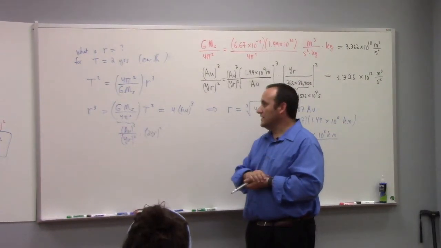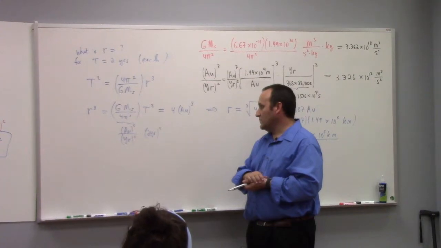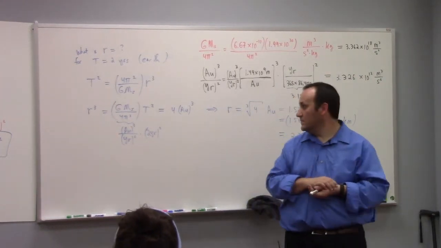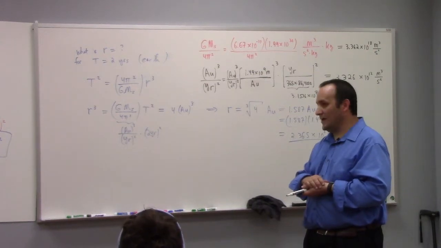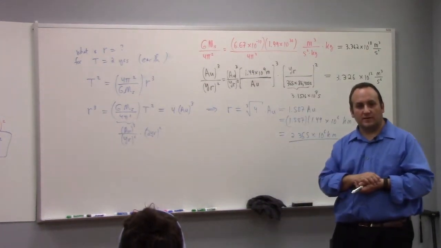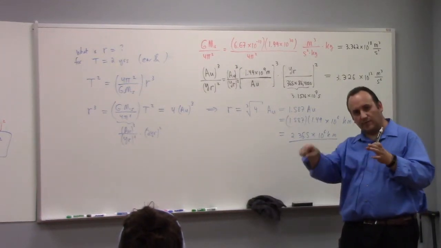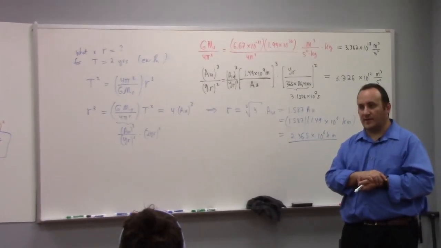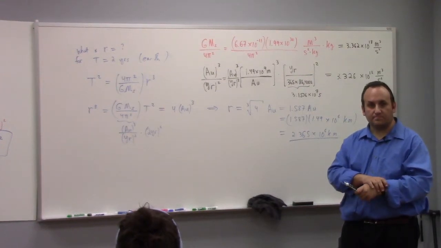If I wanted to find an orbit which had, I don't know, 3 Earth years, then I would be looking for what? The cube root of 8. I would need 2. If the radius of the planet's orbit is 2 astronomical units, then the year for that planet would actually be 3 Earth years, for example.